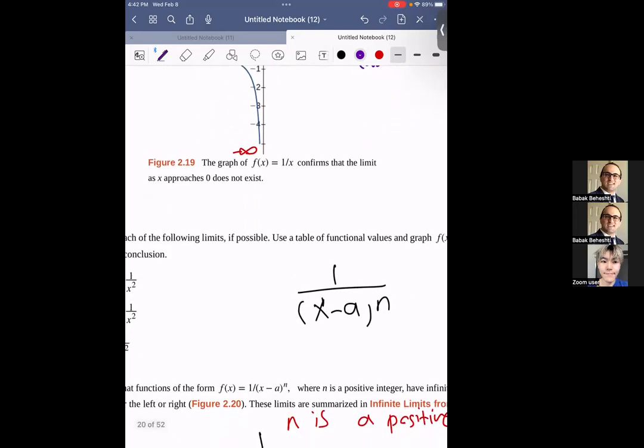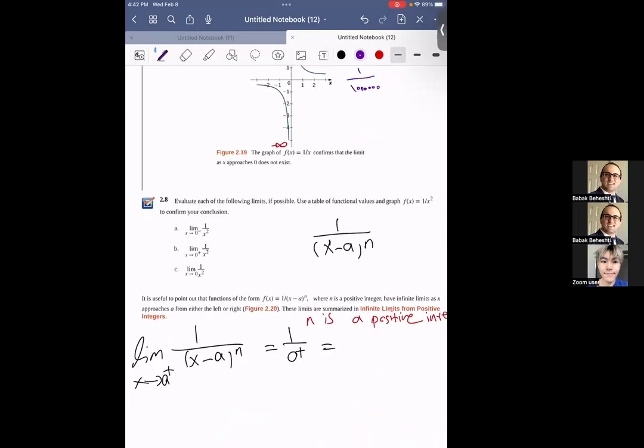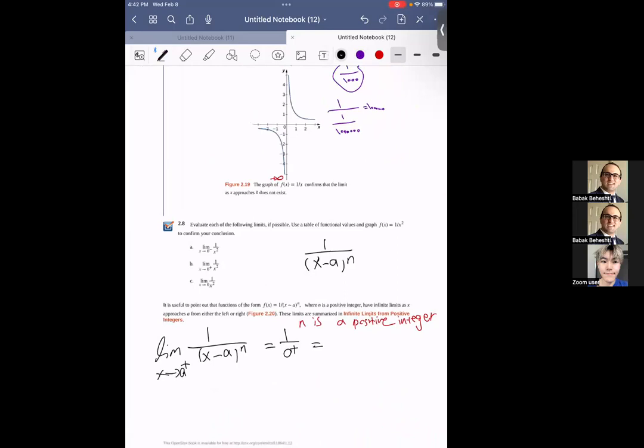So now what is 1 over 0 plus then? 1 over 0 plus is positive infinity. It's very large. No matter what n is, the right limit is always positive infinity. What about the left limit?